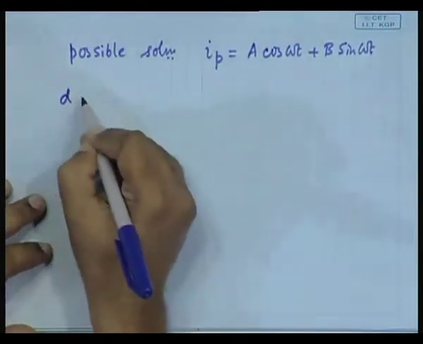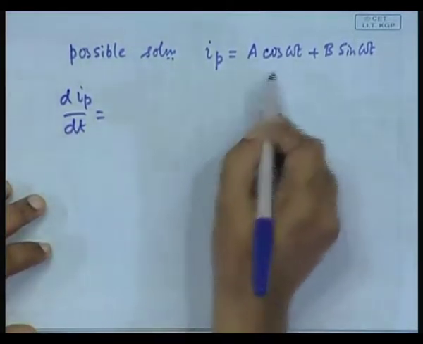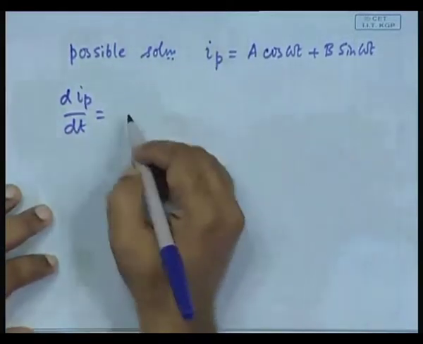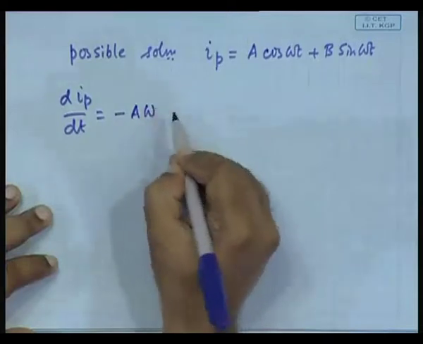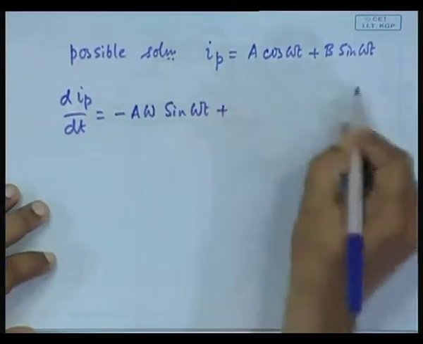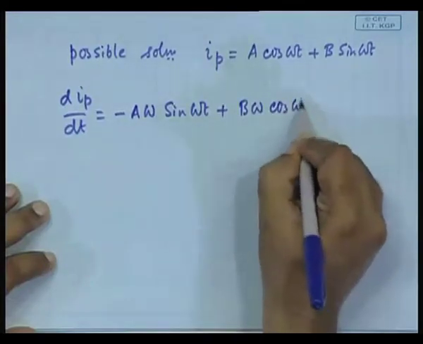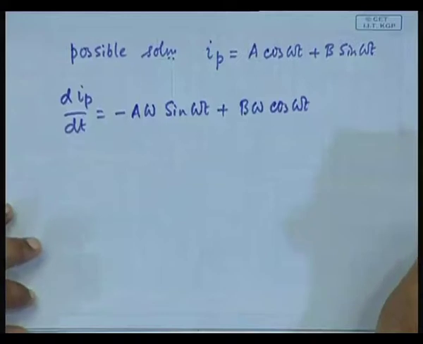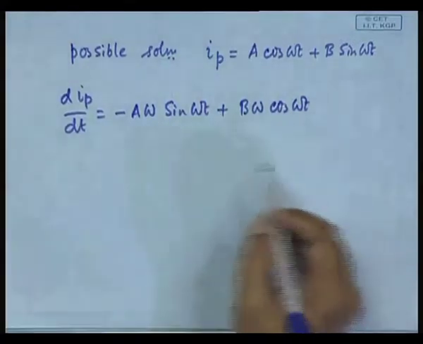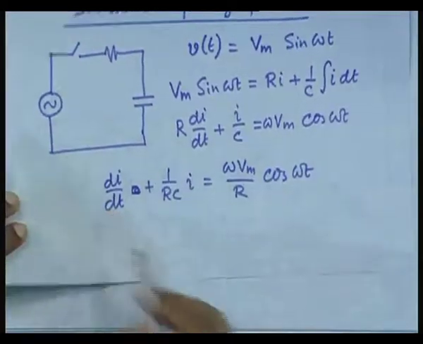So, dIp/dt is minus a omega sin omega t plus b omega cos omega t. I want it to be a solution of this equation, so we substitute it here.